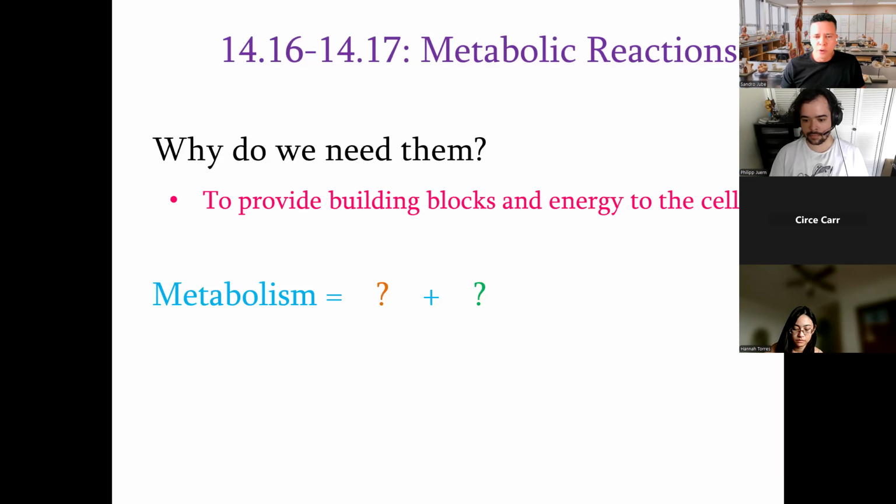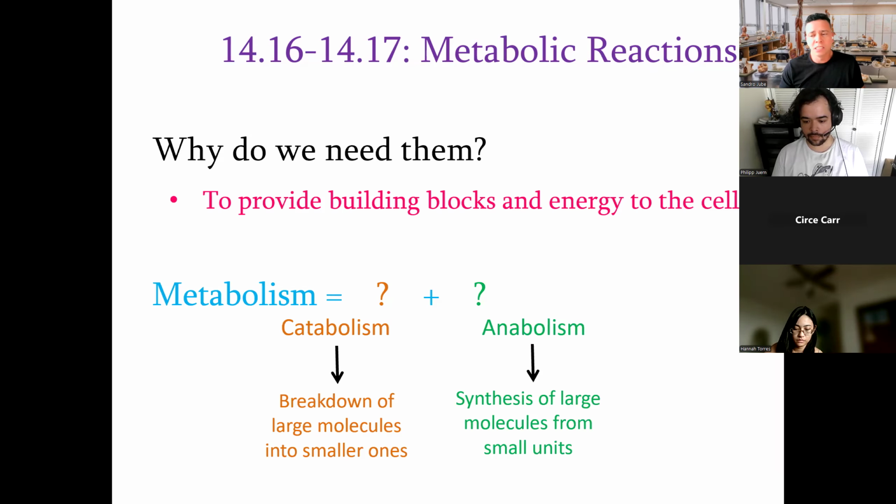Now, we do have two different types of metabolism, or two different types of metabolic reactions. We have anabolism and we have catabolism. What is the difference between the two, folks? In a catabolic reaction, we're going to take a large molecule and break it down into smaller ones. Let me give you an example.